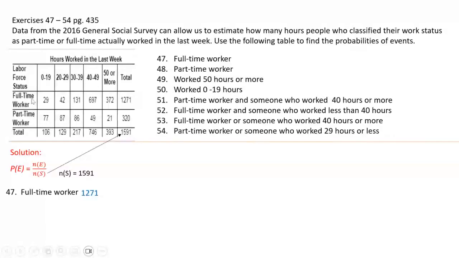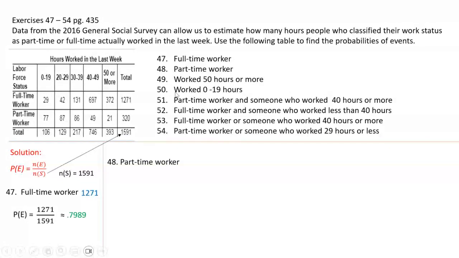It just says full-time worker, so we go all the way across, which gives us 1271. So what we're looking for will be 1271 over 1591. It's going to give us approximately 0.7989. That's your result. They want you to round off to 4 places.